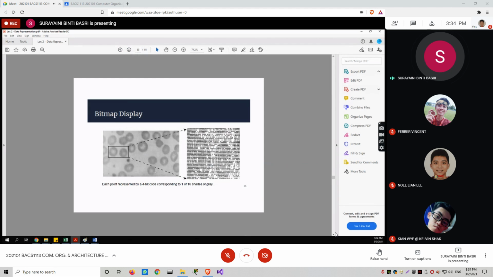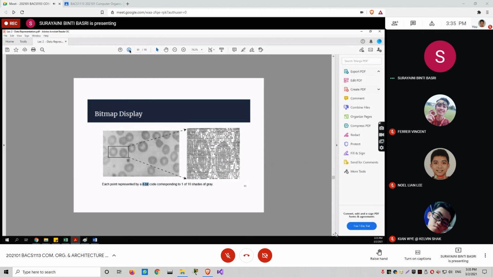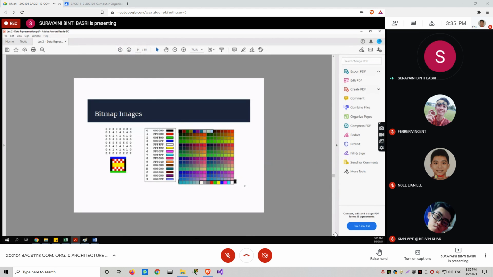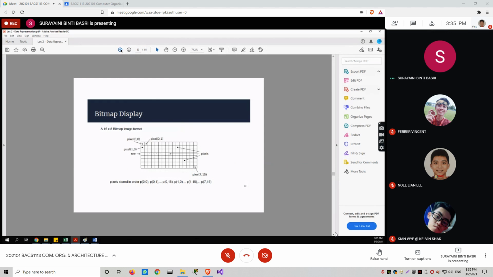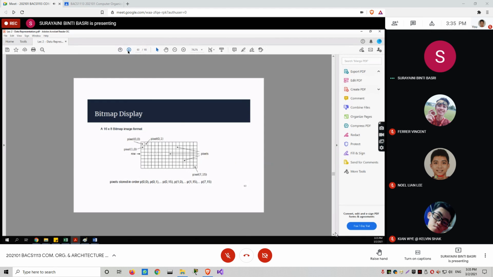So each of the pixels is represented by 4 bits, meaning for the grayscale image, it stores up to 4 bits in each pixel. But for the color, it can store up to 24 bits in each pixel.